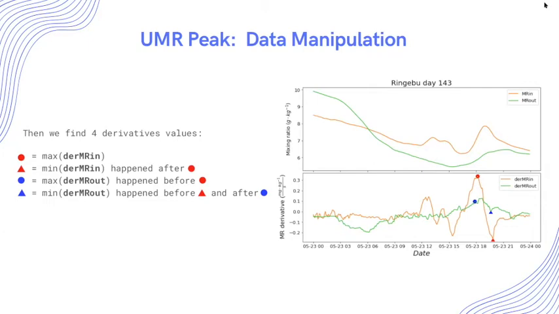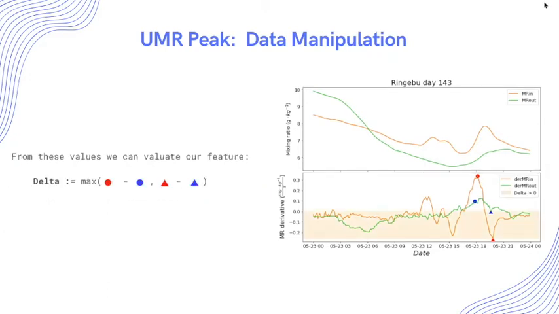So, for example, we want the minimum of the derivative of the external mixing ratio before the minimum of the derivative of the internal mixing ratio and after the maximum of the external one. Finally, we can compute, with all these 4 values for each day, our feature that we call delta. Delta is defined as we can see in this slide.